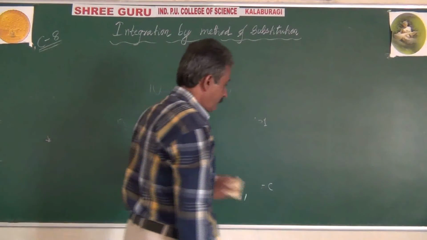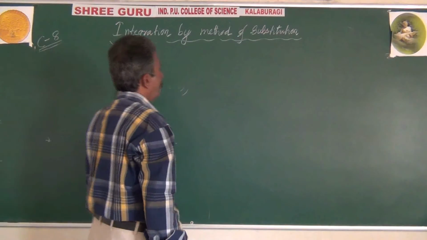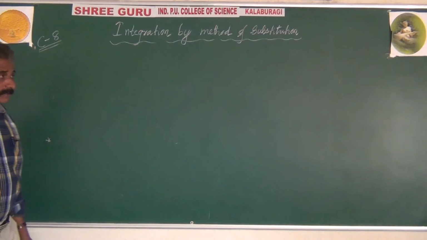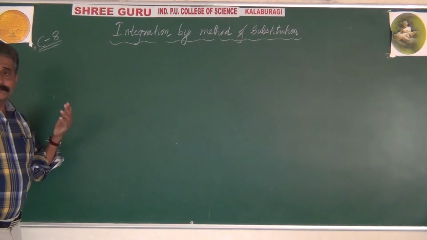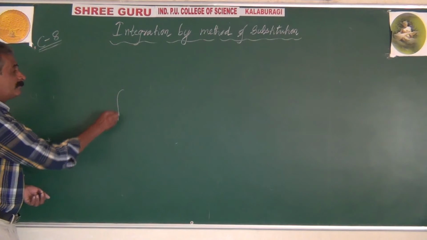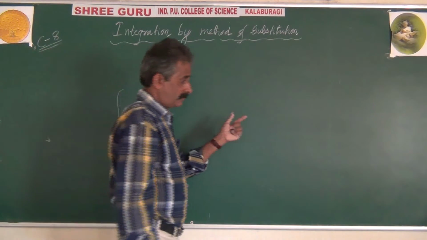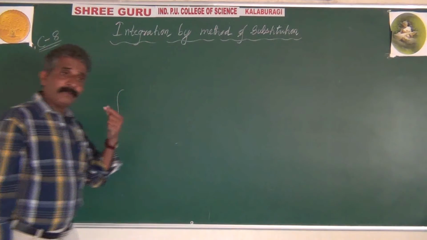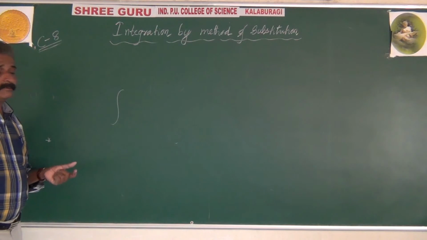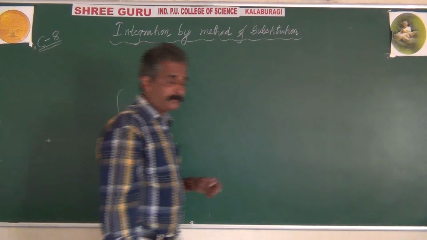See this concept very correctly. Observe here. Many times, we will get an integration which cannot be evaluated by any of the earlier methods, either by type 1 or by type 2.